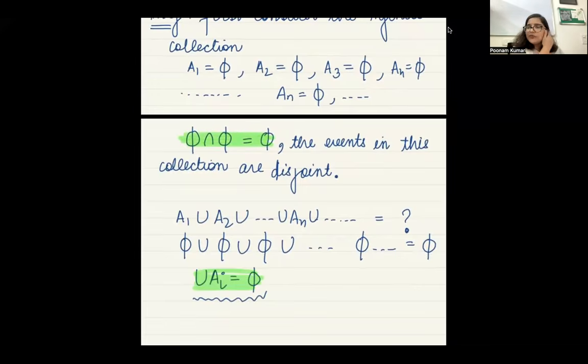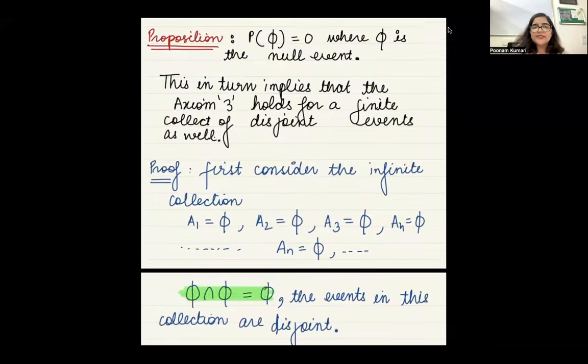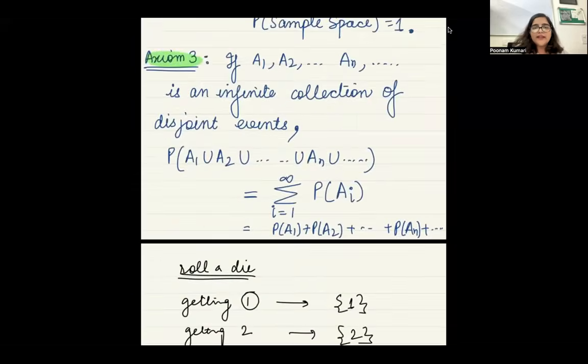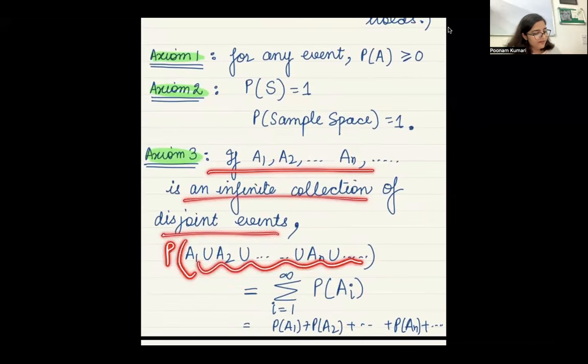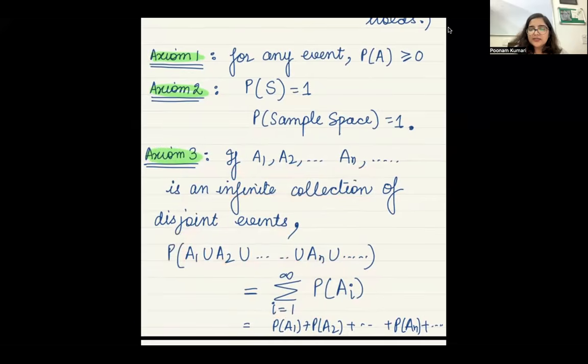So this is true, and this is also true. Now, what did my third axiom say? My third axiom said that if you have an infinite collection of disjoint events, the probability of their union will be this infinite sum of the individual probabilities, right?